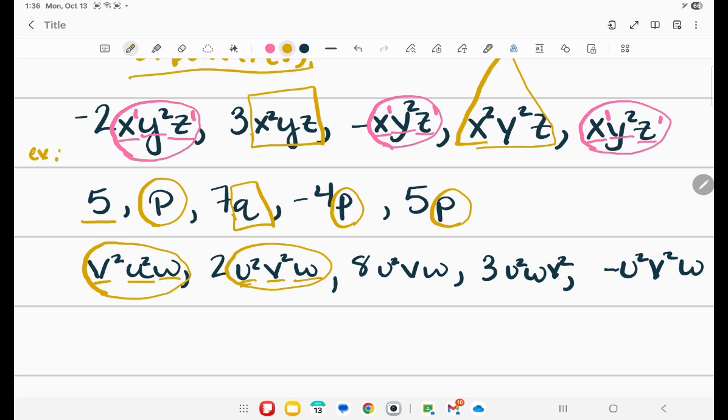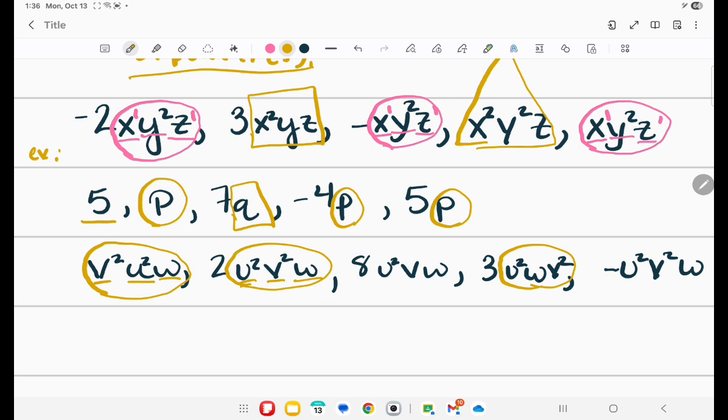On standardized tests, they do this on purpose all the time. You have to know that if you see them out of order, put them in ABC order. Make all of them UVW if it helps you. But they are all like terms. So with that information, is there another like term with this VUW? Is there another one? The 3 has V squared, U squared, W. If you say it out loud, it has to sound the same.